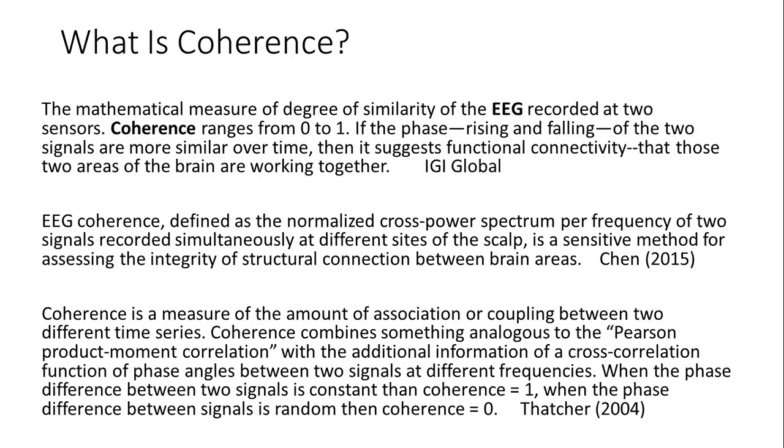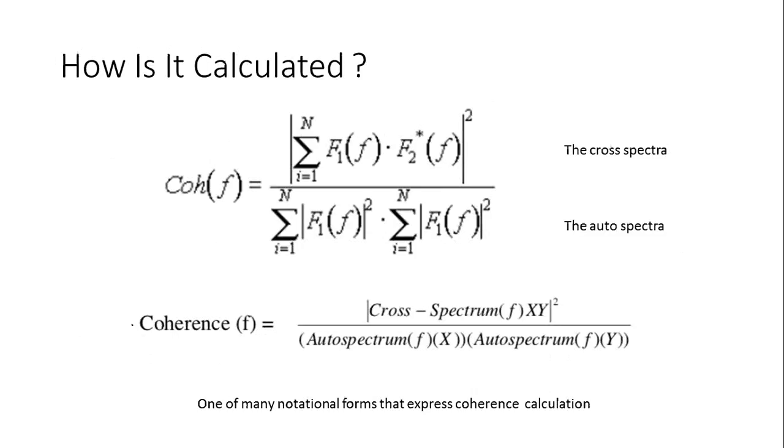And there's a fair amount of support for that concept, but it's not exclusively correct. When the phase difference between two signals is constant, then coherence equals 1. When the phase difference between signals is random, then coherence is 0. So there's some ideas. How is it calculated?